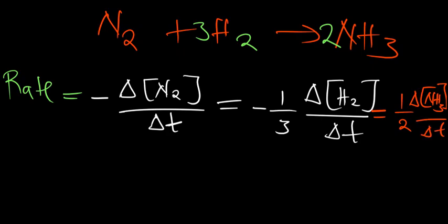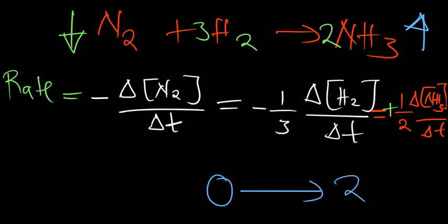So you will notice that for ammonia I'm putting a positive there because when a reaction proceeds, the reactants will be reducing, the products will be what? Increasing. So for the product, if you had started with 0, as the reaction proceeds, it will be increasing, so it may even increase to 2.